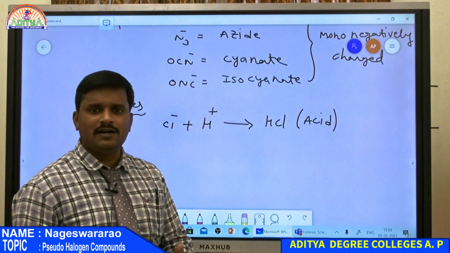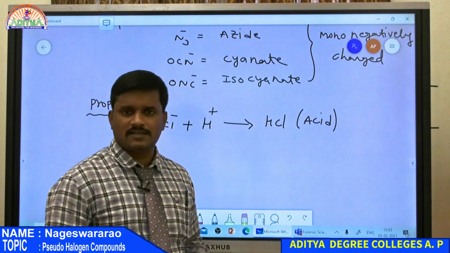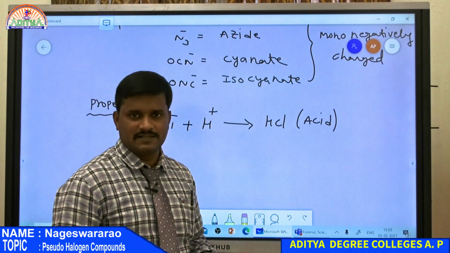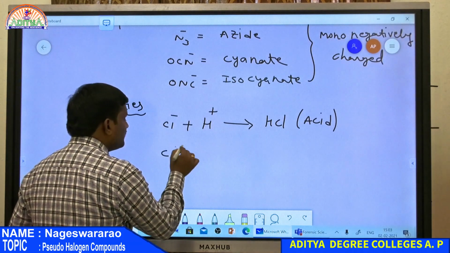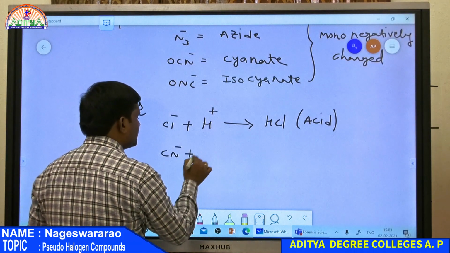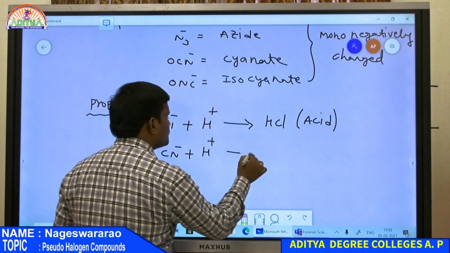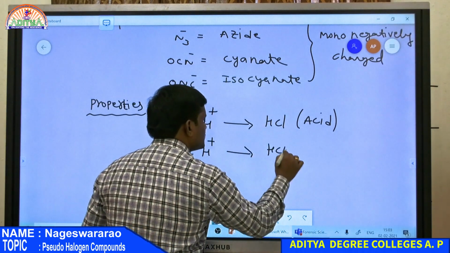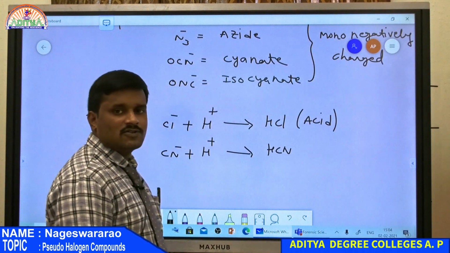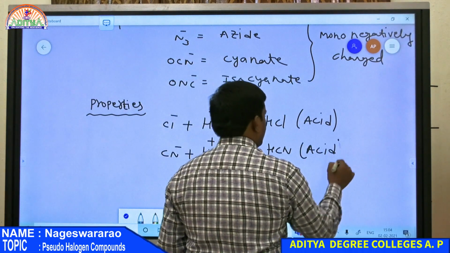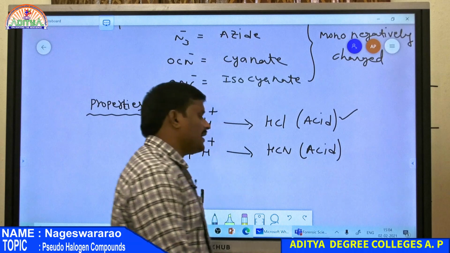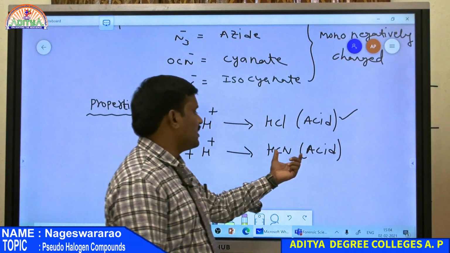Any halide ion reacted with hydrogen H plus ion gives an acid. Similarly, when cyanide ion is reacted with H plus, it forms HCN, that is hydrocyanic acid. This is also an acid. Here it is HCl, hydrochloric acid.